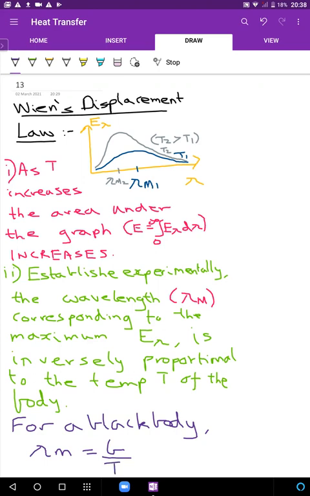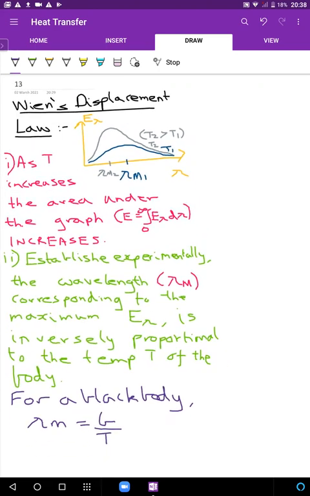Lambda is some constant upon T. Lambda corresponding to the maximum wavelength is some constant upon T. That constant is, of course, represented by the symbol B, as you can see.